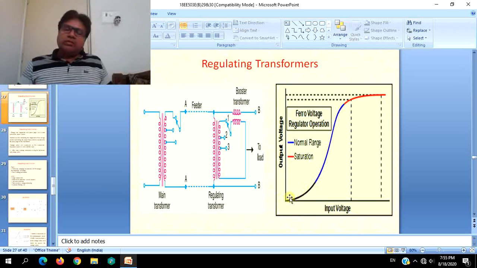For all normal ranges, this blue line is the actual transformer action. The total actual supply voltage waveform, along with its magnitude and also phase, with the same phase, will be fed to the load according to the load requirements under normal range.